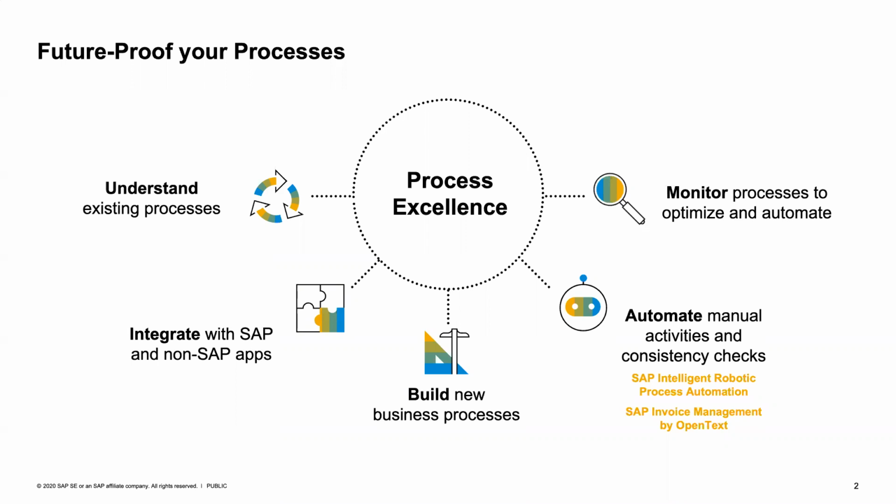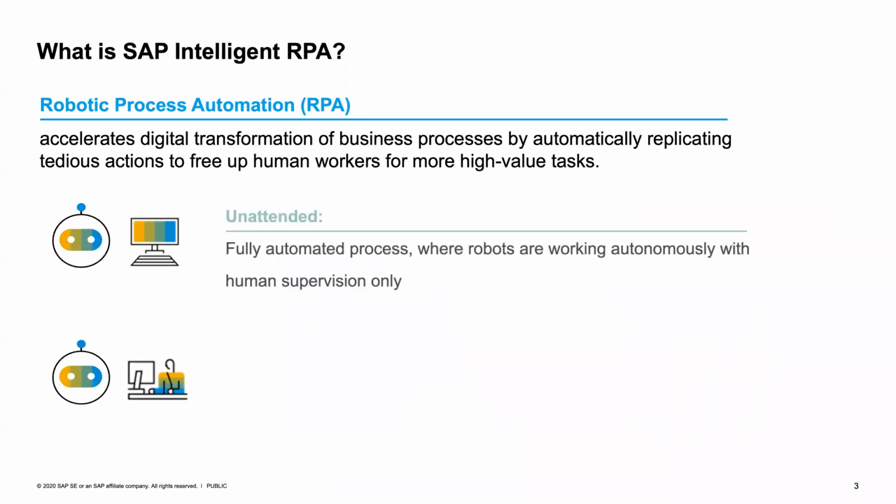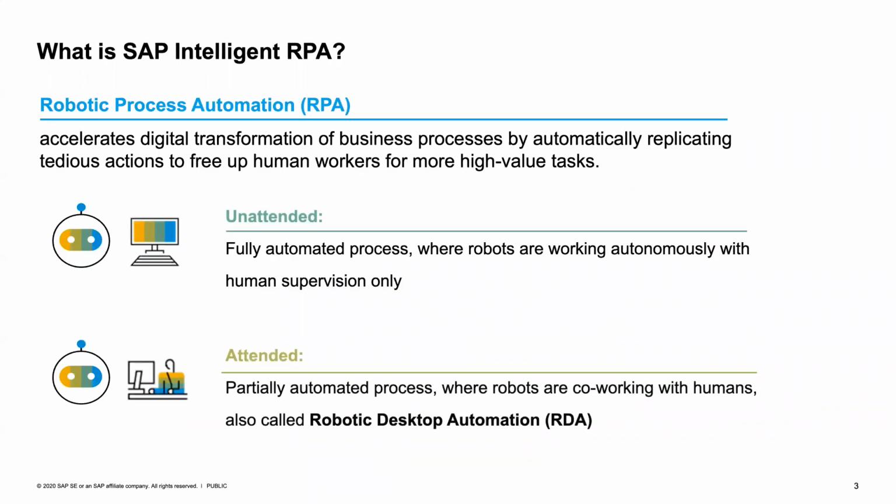And if we look on the next slide at the definition of RPA as we have it, Intelligent RPA, then it's really the automation and triggering of task- and user-related process steps.